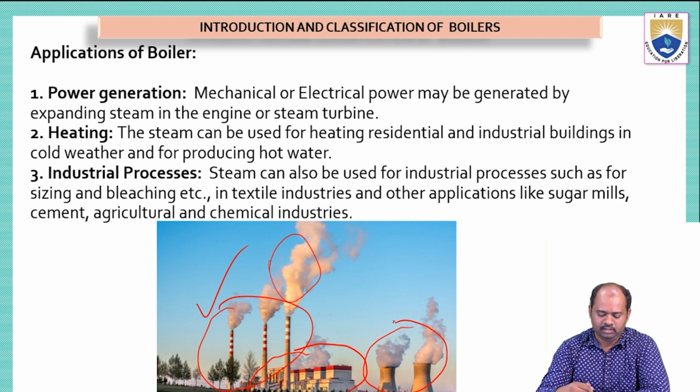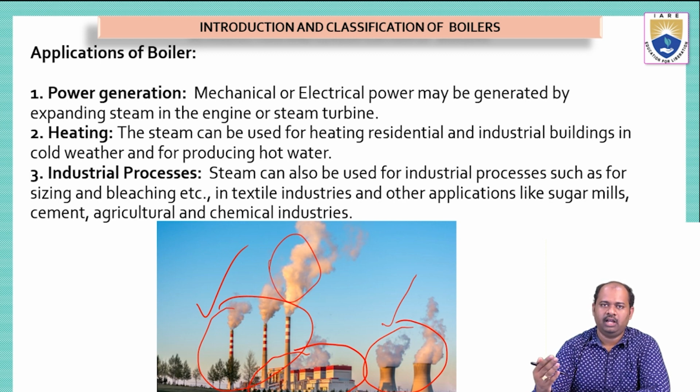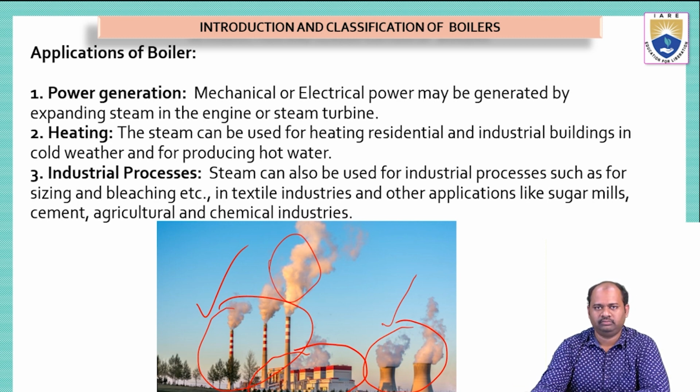Whereas these other chimneys are where the steam that is generated gets cooled down, and this steam can be converted into water by cooling, and this water can be reused for the next cycle.